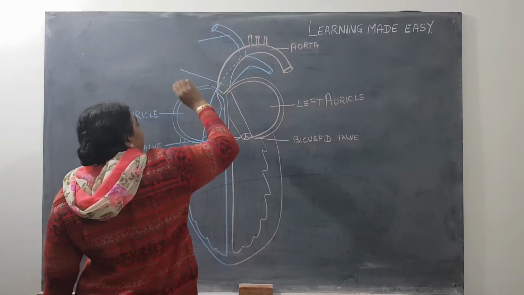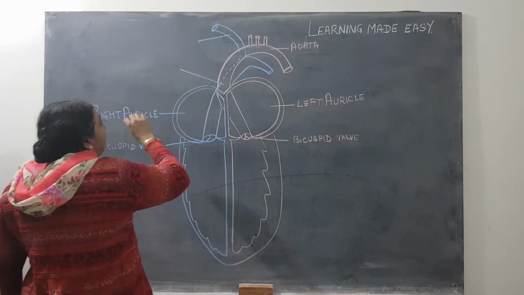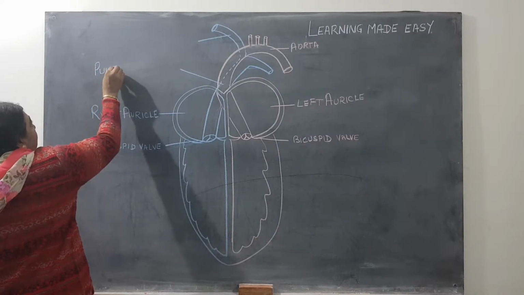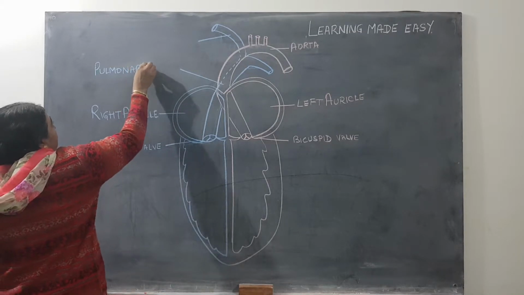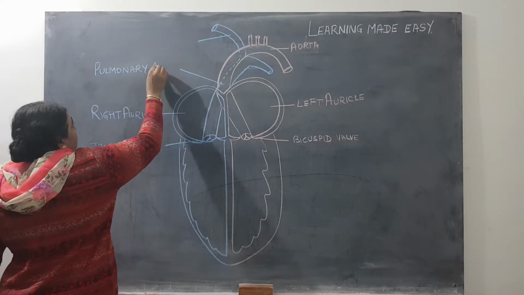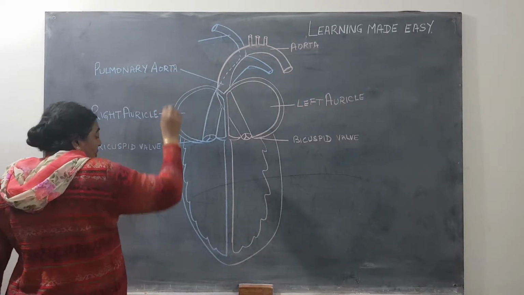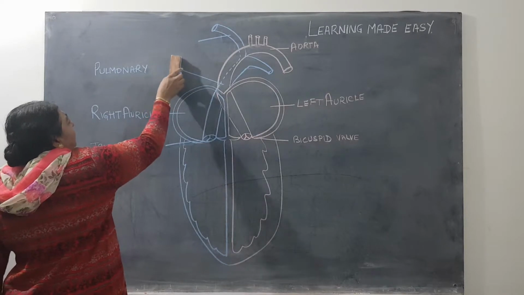This big vessel is called the pulmonary aorta, or the second name to this is pulmonary artery.